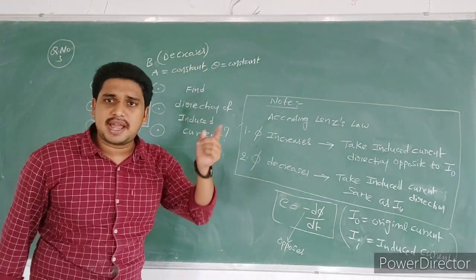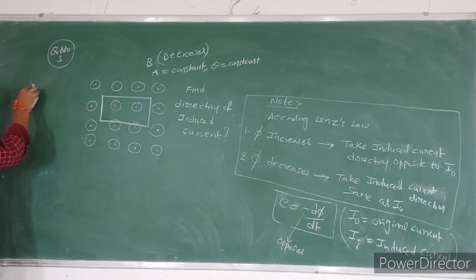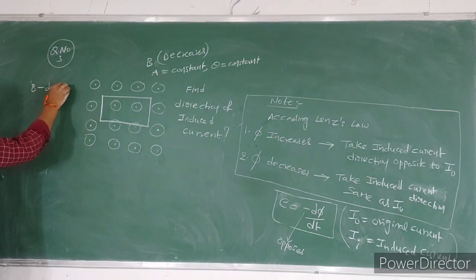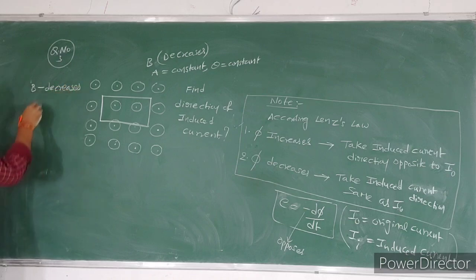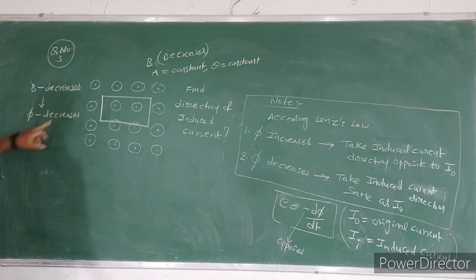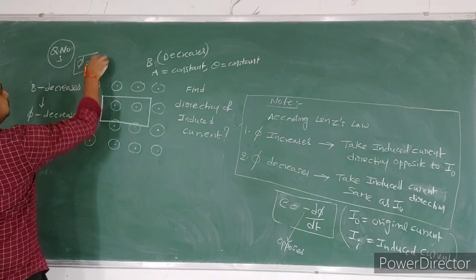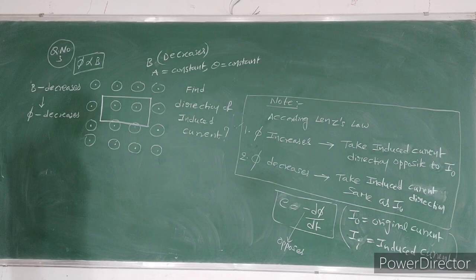If the magnetic field decreases, then definitely the magnetic flux decreases, because flux is directly proportional to the magnetic field. That's why if the magnetic field decreases, the magnetic flux decreases.